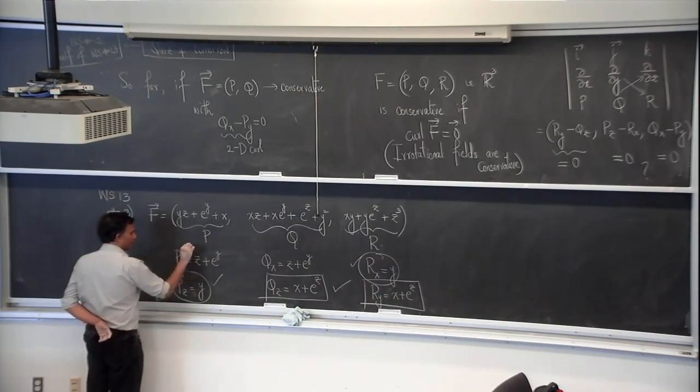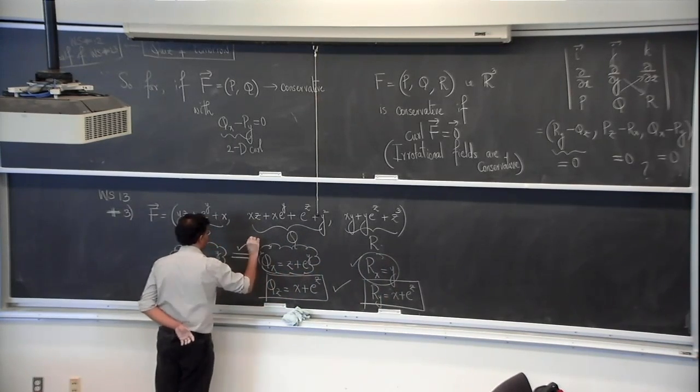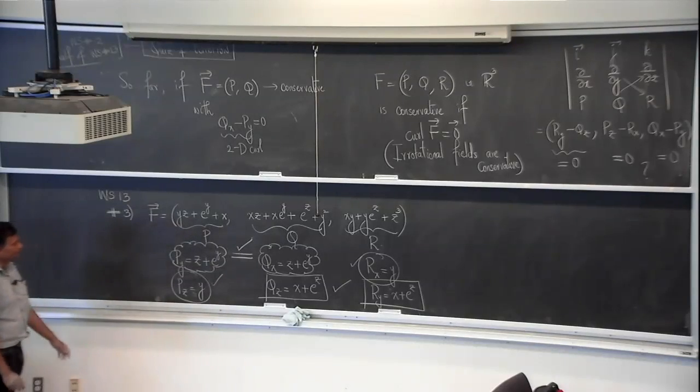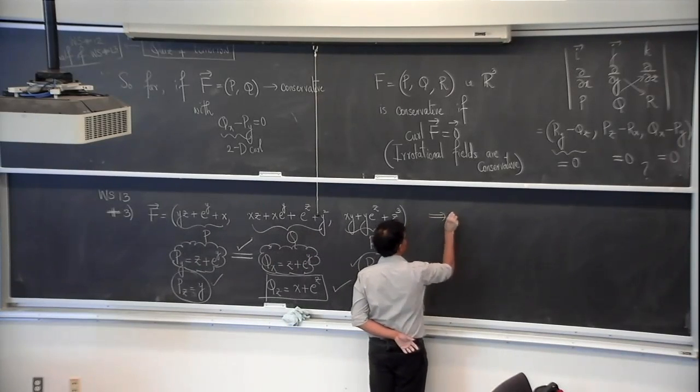Sorry. So those pairs are all equal: Ry equals Qz, Rx equals Pz, and Qx equals Py. So yes, the answer is conservative.